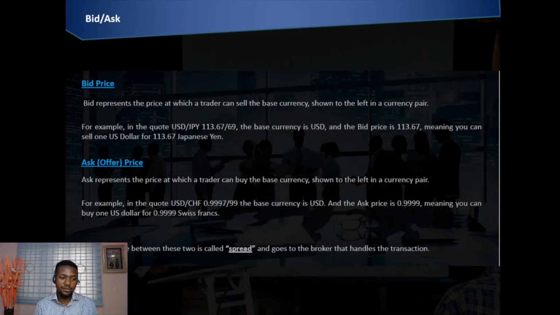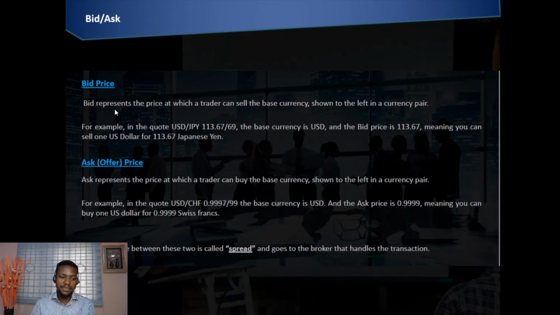Now we go to bid price and ask price. The bid price represents the price at which a trader can sell the base currency shown to the left in the currency pair. Like I said, the first on the list of currency pair is the base currency, while the second one is the quote currency.